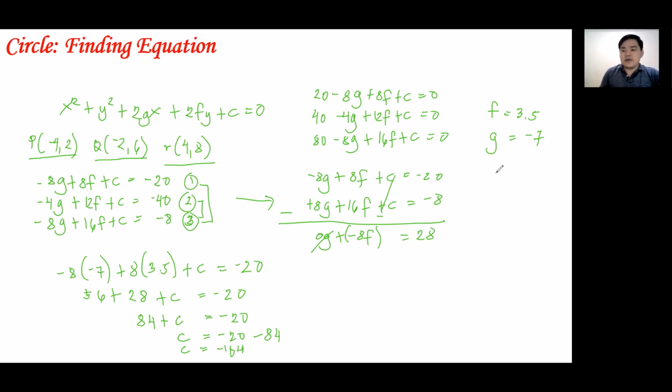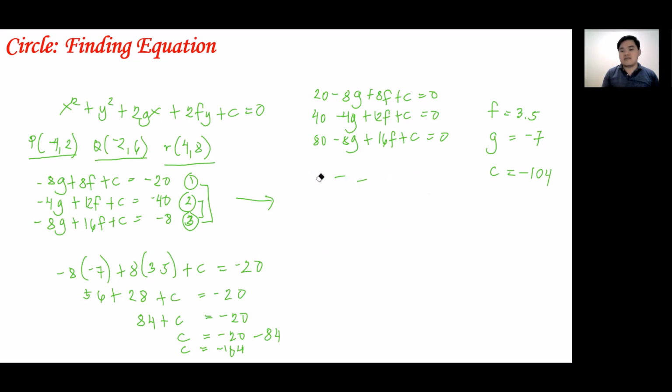Okay, so therefore we have now our c is equal to negative 104. Okay, now after finding our g, f, and c, what do we do next on these values of f, g, and c? Okay, so let's continue.